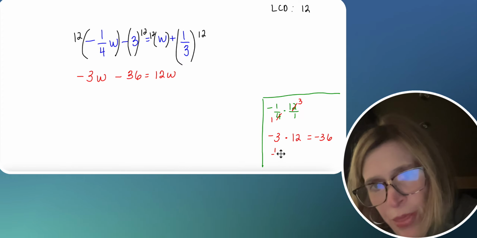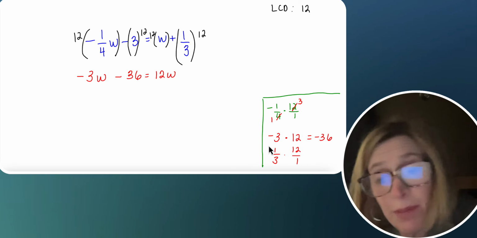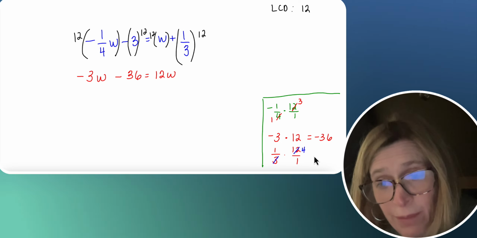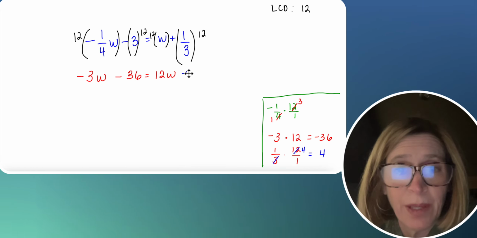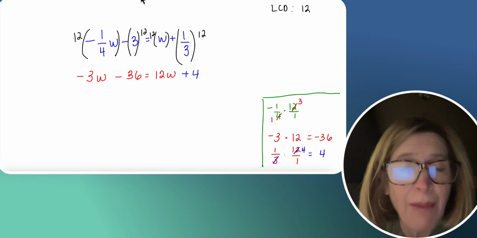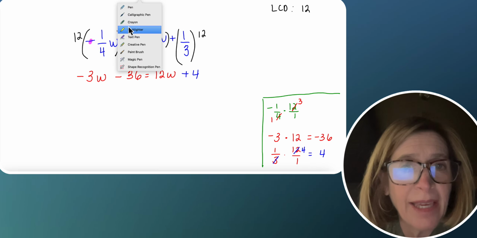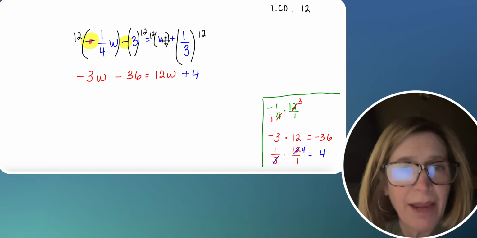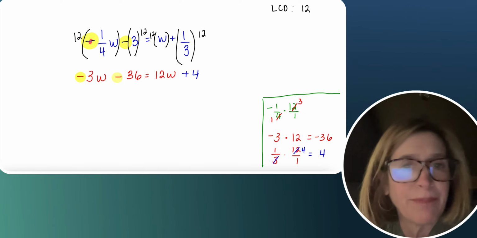Then I have 1/3 times 12. I'm going to write the 12 over 1 and simplify before I multiply. 3 goes into 12 4 times. 4 times 1 is 4, so plus 4. I'm going to check all my signs. I'm really going to be careful with all this because there's a lot of stuff. I see a minus there, plus, plus. So I verify I've got my minuses.